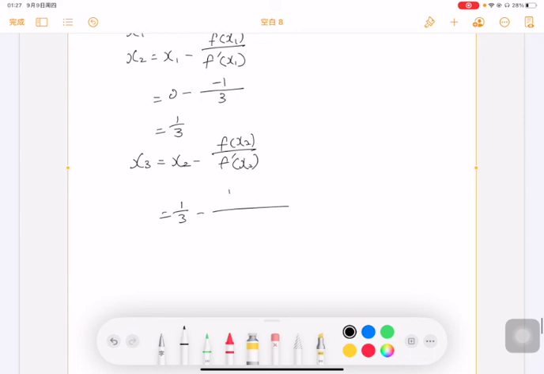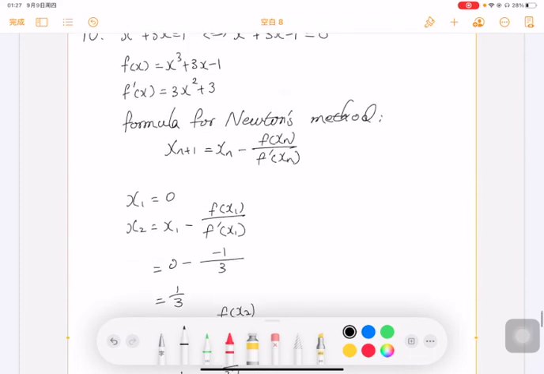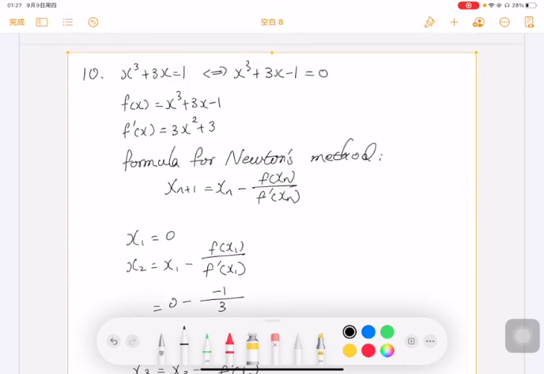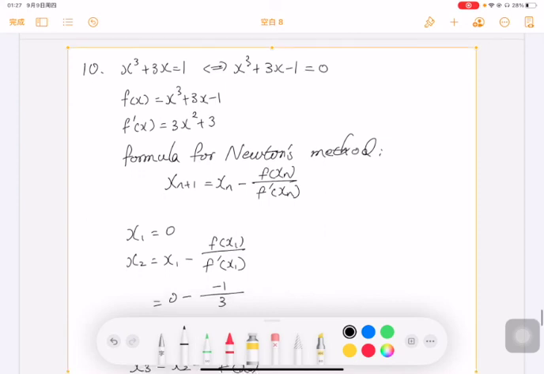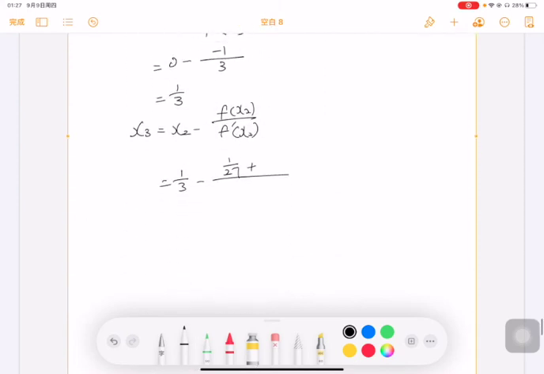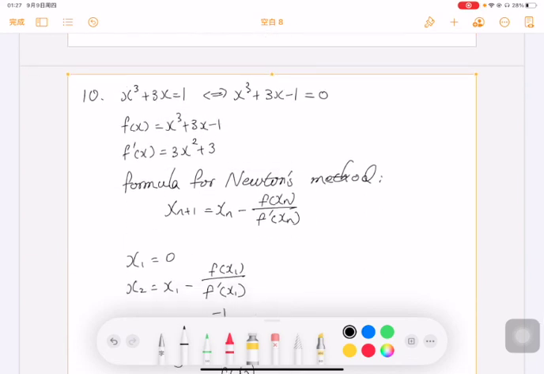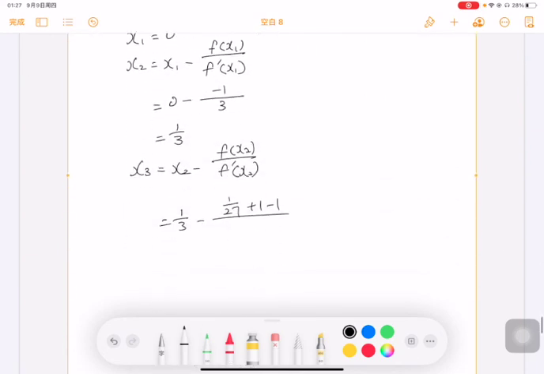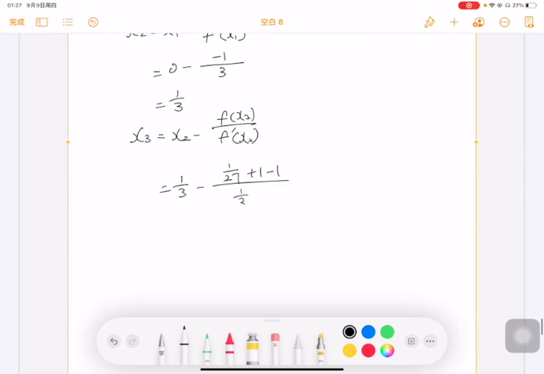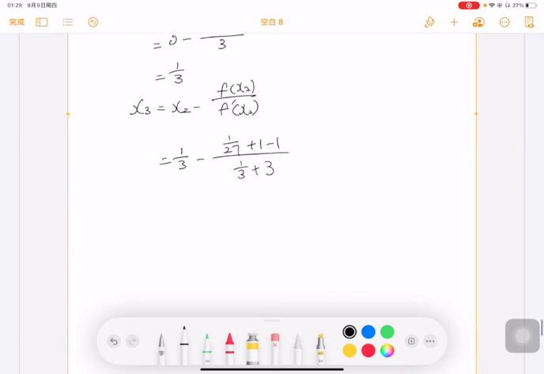You get 1 over 27, that's 1 over 3 cubed, and then 3 times 1 over 3 is 1, and then minus 1. So plus 1 minus 1. And then plug 1 over 3 into f prime. You get 3 times 1 over 9, so 1 over 3, and then plus 3. Okay, plus 1 minus 1 cancel out.